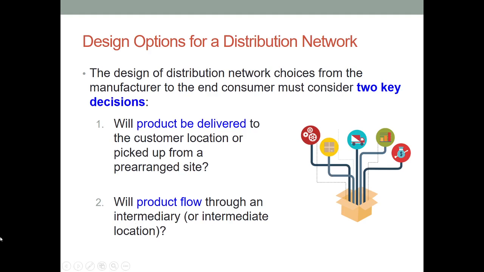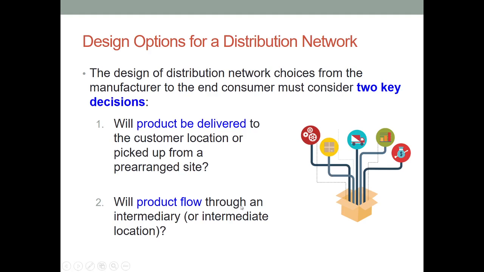The first one is, will the product be delivered to the customer location or picked up from a pre-arranged site? The second is, will the product flow through an intermediary or straight away from the manufacturer to the customer?